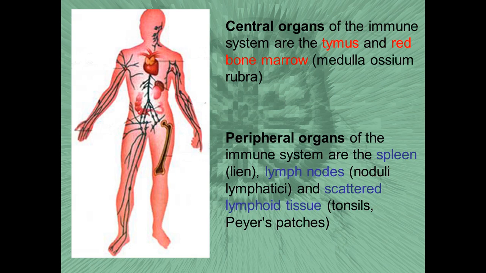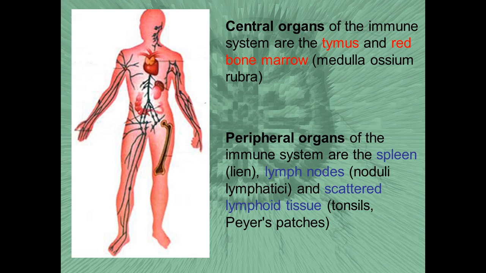Immunity is the special mechanism of the body's protection against genetically foreign information, genetically foreign substances, through the specific mechanism, specific reaction between the antigens and antibodies.